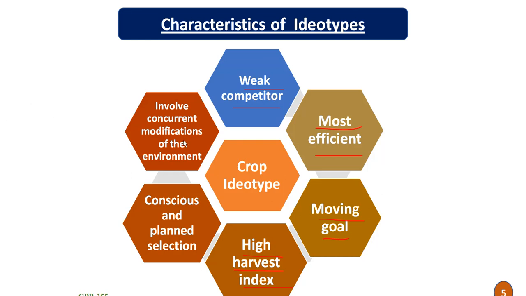Next, it involves concurrent modification of the environment. As we discussed earlier, this is a moving goal, so the crop ideotype involves concurrent modification of the environment. So these are some of the characteristics of ideotype.